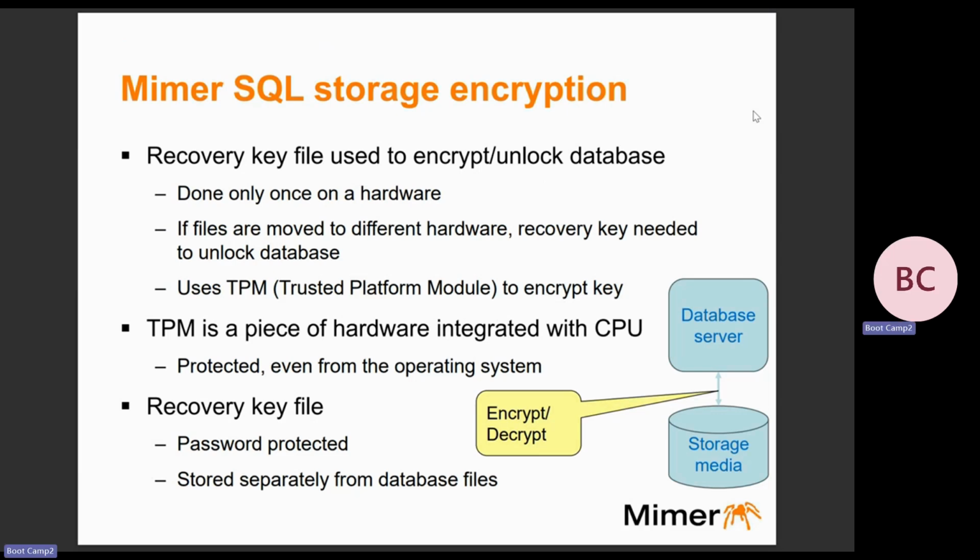That's password protected, but still you can make this safe by keeping it separate. As long as you don't move the file, you can just start and use the server as normal. But if you want to move it to other hardware, then you need the recovery file once again to unlock the database in that place, to get the TPM on that machine aware of what we're doing.